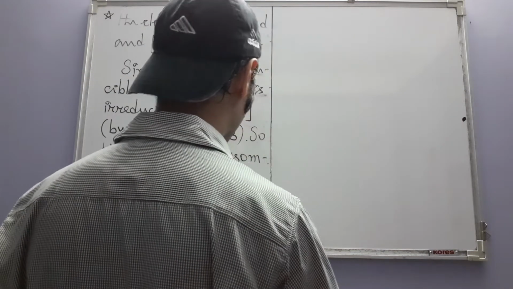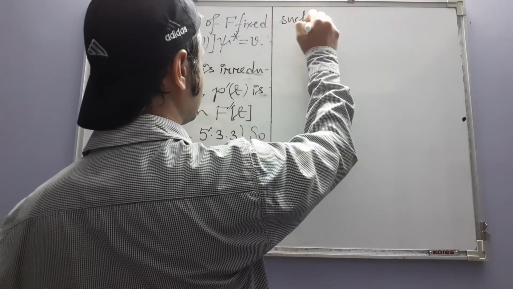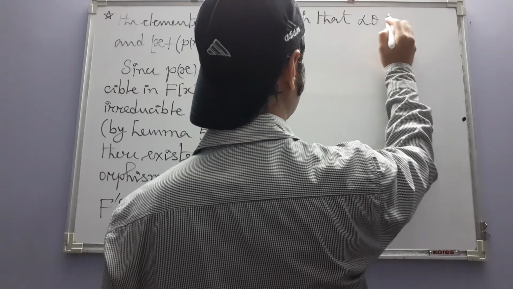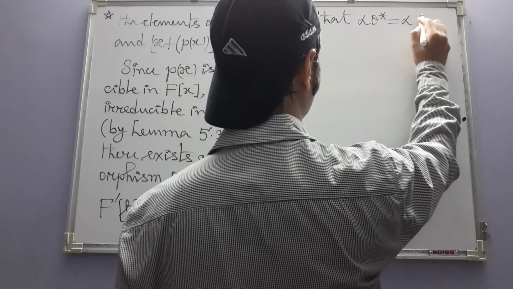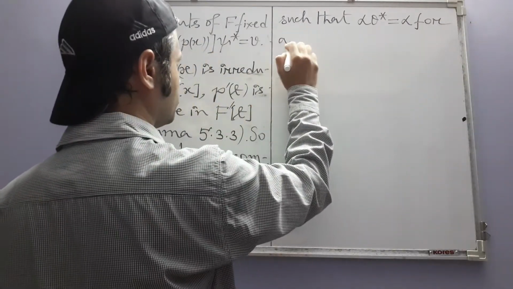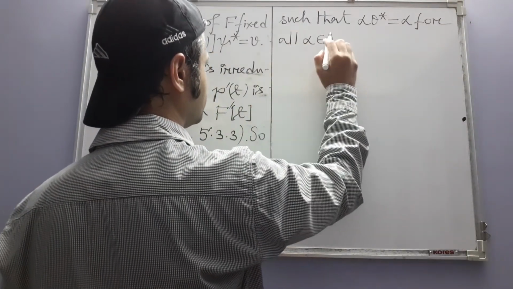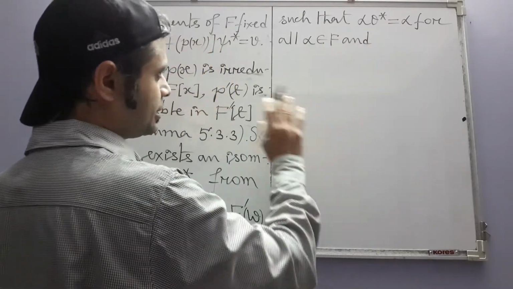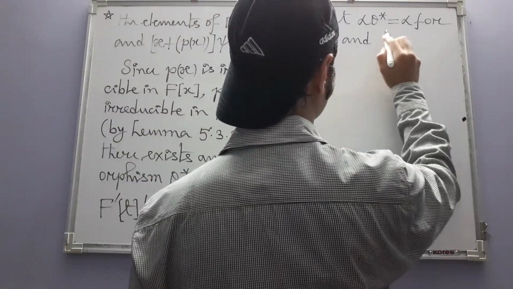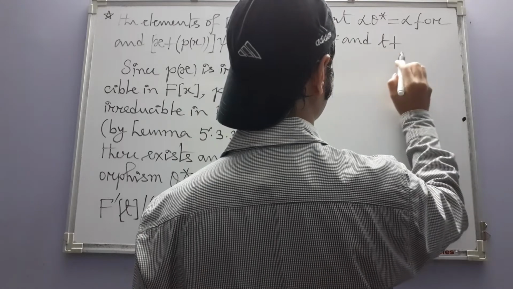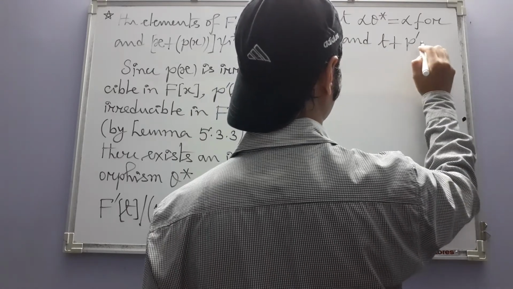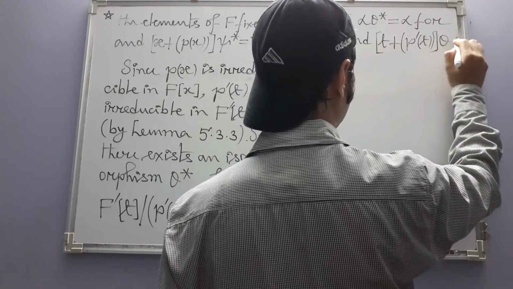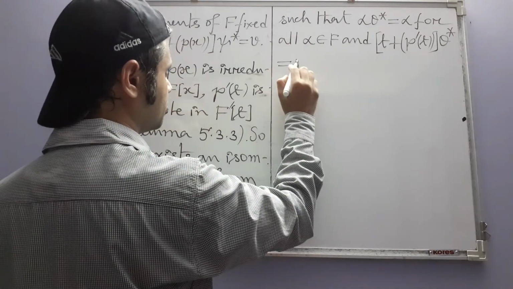Onto this such that alpha theta star is equal to alpha for all alpha belonging to F. Okay, let me just first try to write this on my own and then I will see if I am correct or not. p'(t) theta star is equal to w.